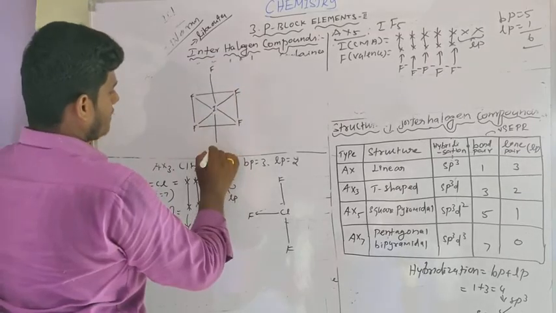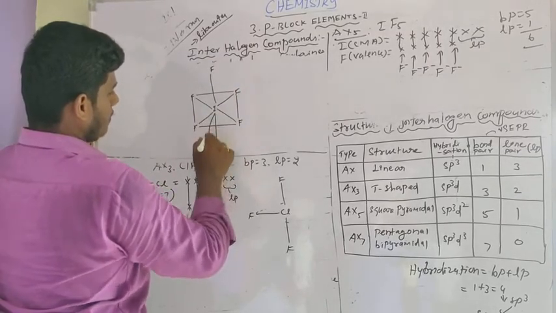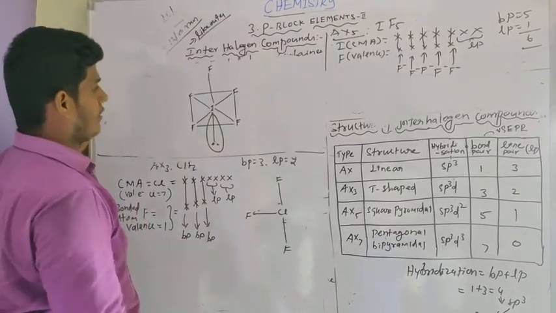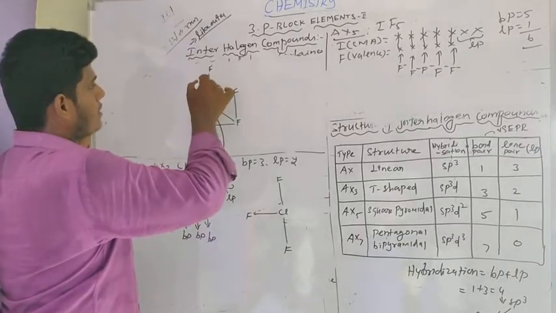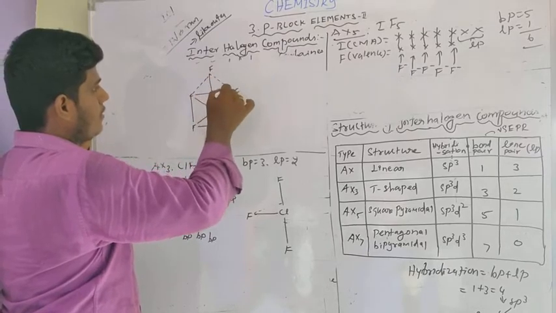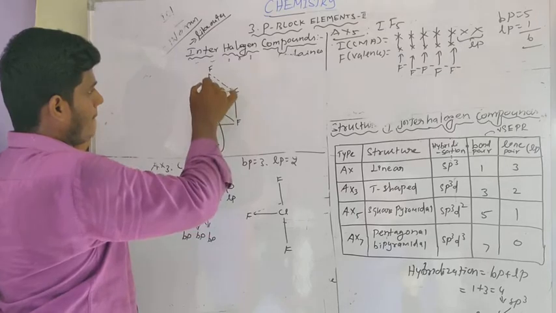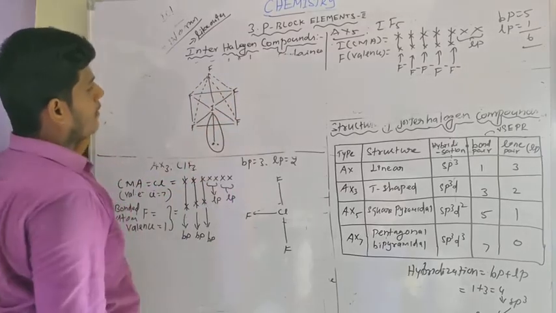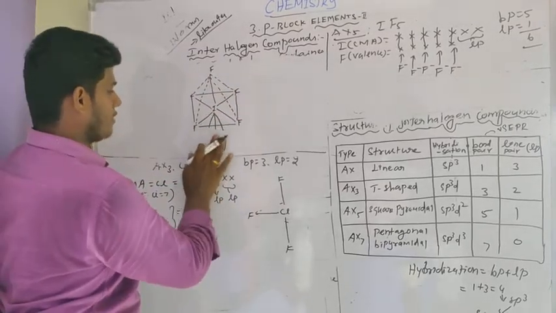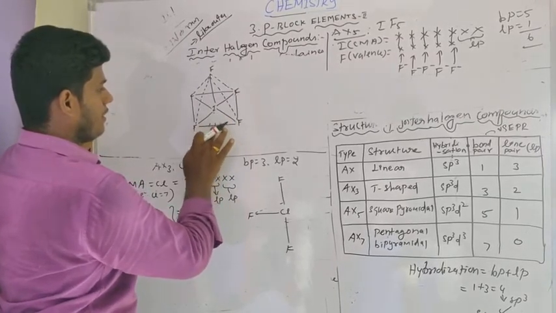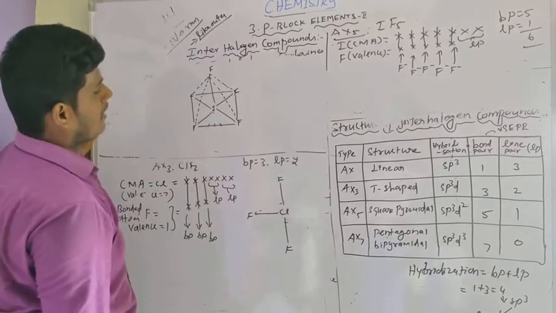Here the lone pair is occupied. Without the lone pair of electrons, it is a square pyramidal structure. Leave out the lone pair, okay? So it is a square pyramidal structure.